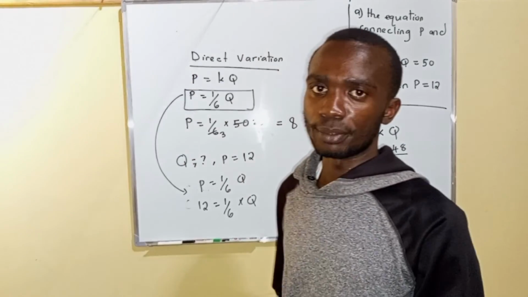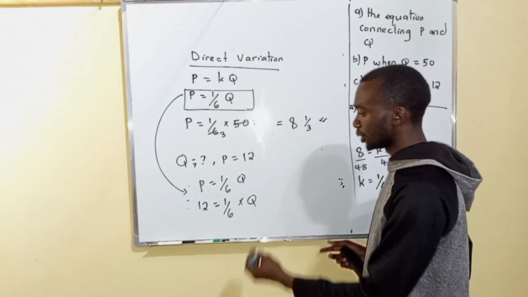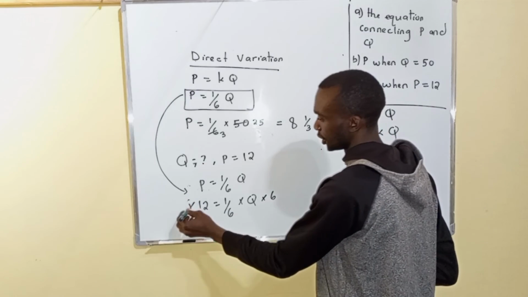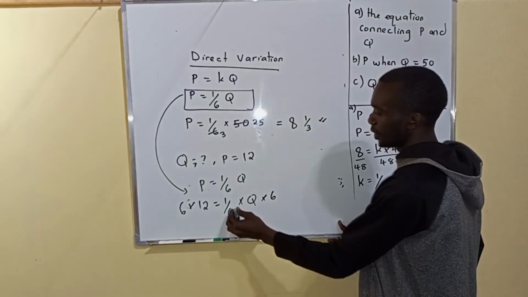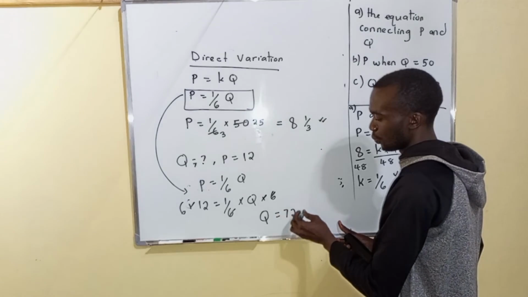Because I already substituted P, and the coefficient of Q is a sixth, we multiply both sides by the reciprocal of a sixth, which is 6. So the corresponding value of Q is equal to 72.